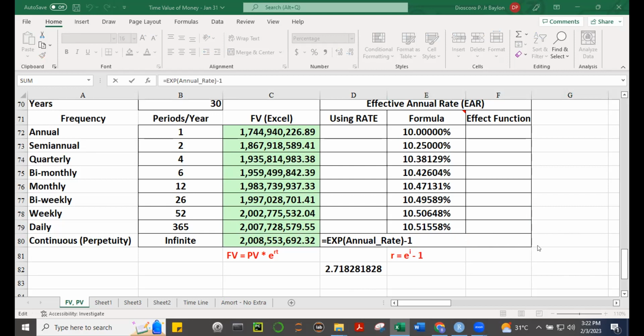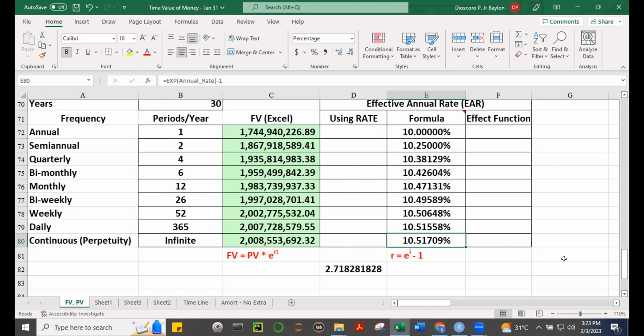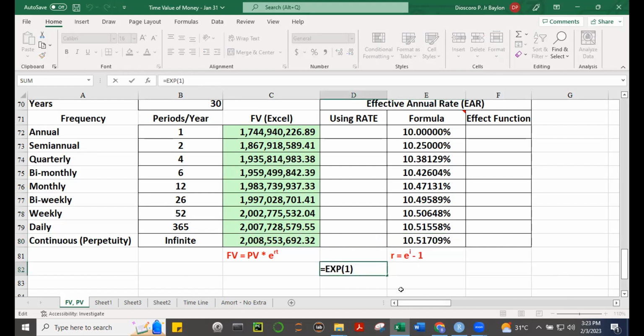No, no. In Excel, this is e to the i. The exponential function of Excel is raised to the i. Because e itself, if I want the number e, as I mentioned a while ago, it's e to the first power. So you have to raise it to a certain power. Okay? All right. Thank you for the question.